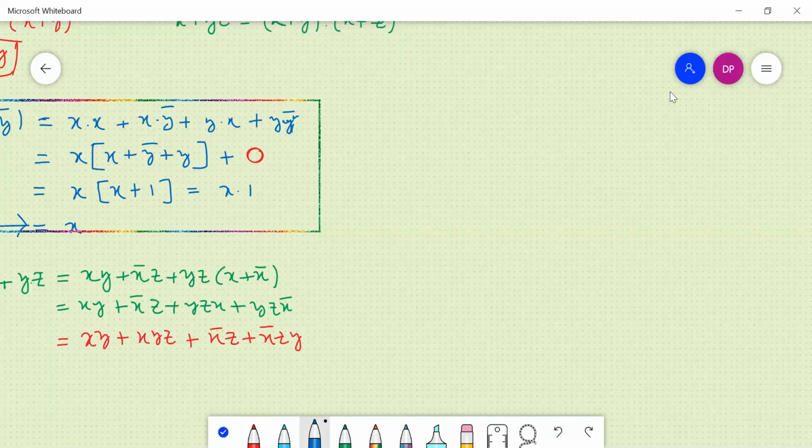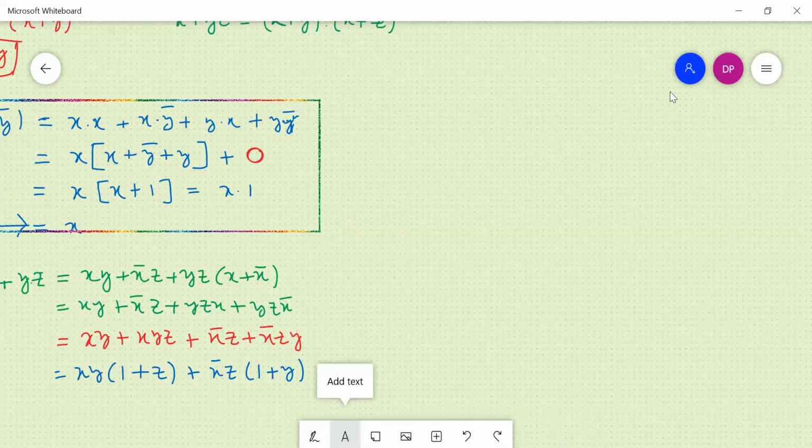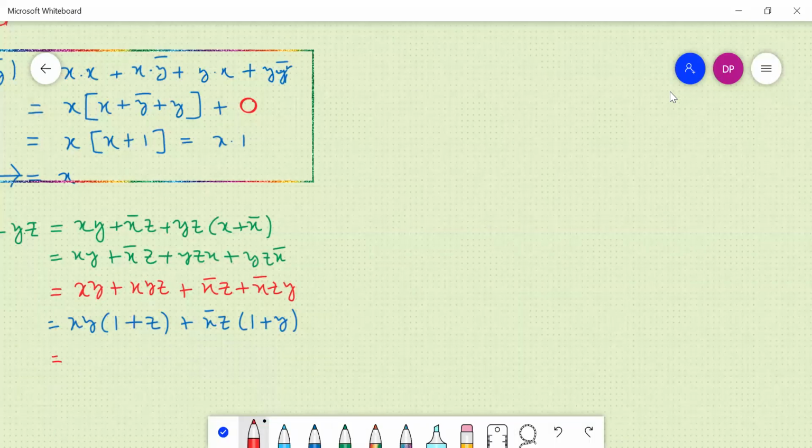First to xy, we get 1 plus z. Plus x bar z, if you take x bar z common, it is 1 plus y. Any value OR with 1, what will be the answer? 1, sir. So xy plus x bar z. We get xy, 1 plus z or 1 plus y will be 1, and x bar z.